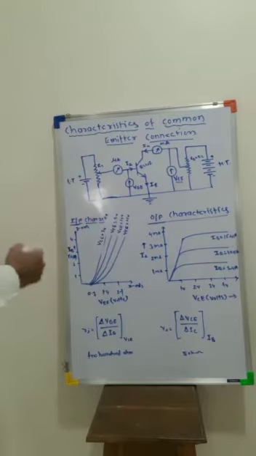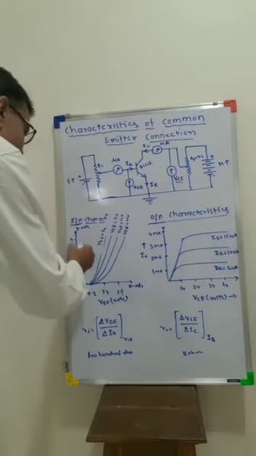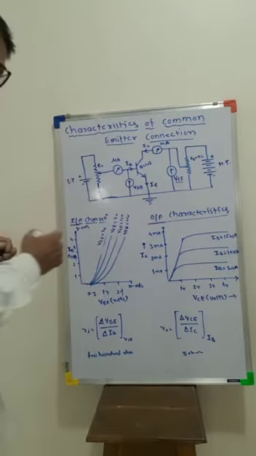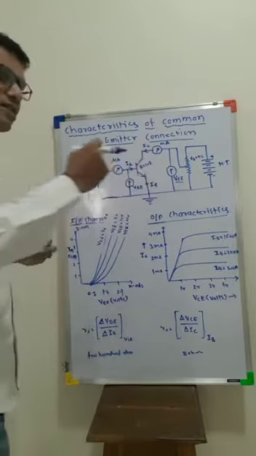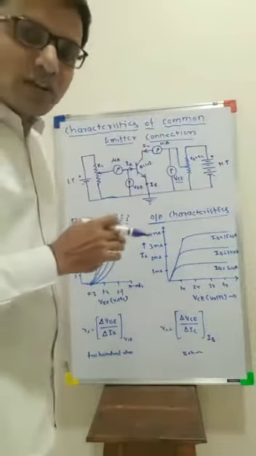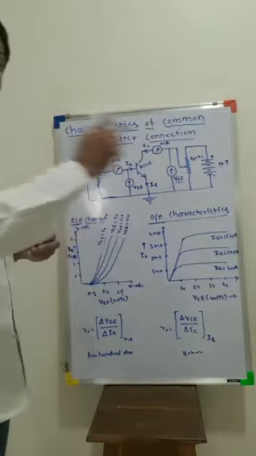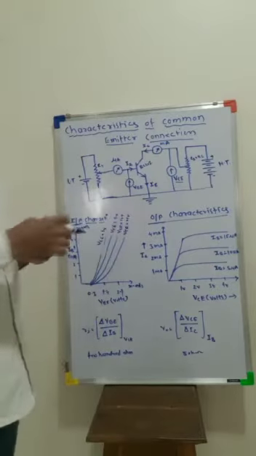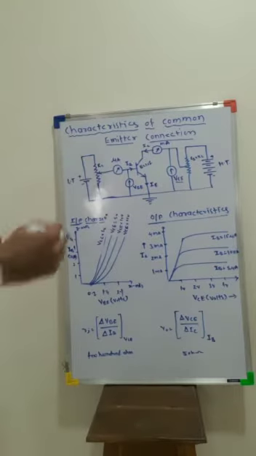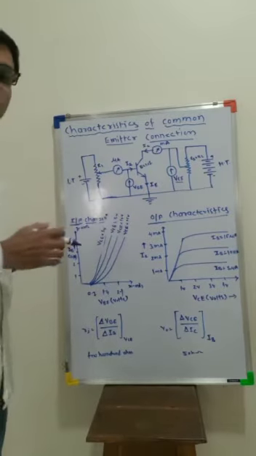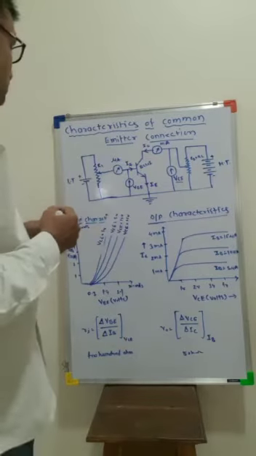We observe that up to 0.7 volt or up to 0.3 volt, any change in input voltage produces no change in input current. Because in the case of germanium, the transistor goes into the active state, a minimum of 0.3 volt is required. In the case of a silicon diode or silicon transistor, a minimum of 0.7 volt is required for the transistor to go into the active state.